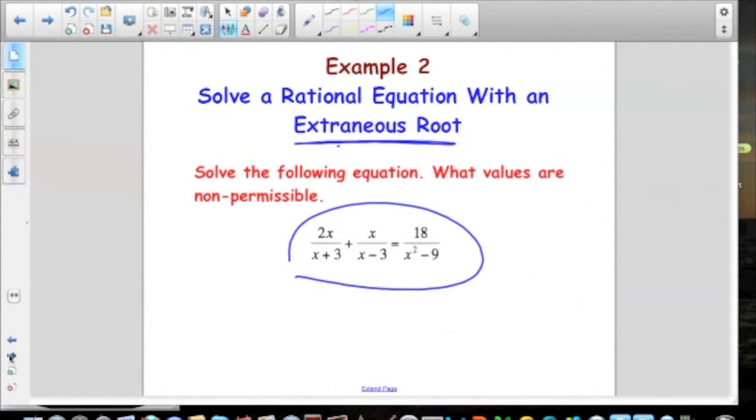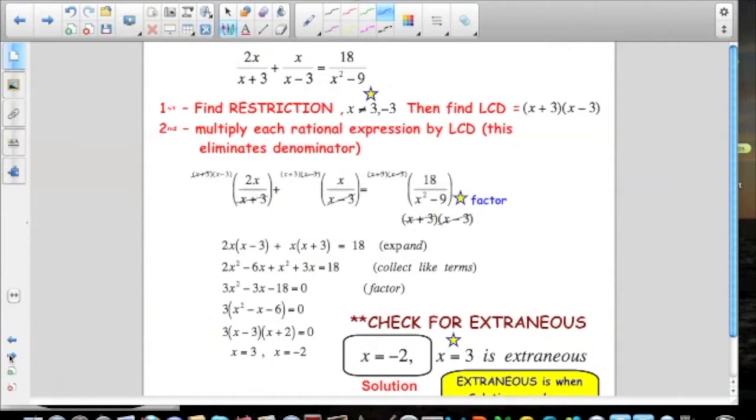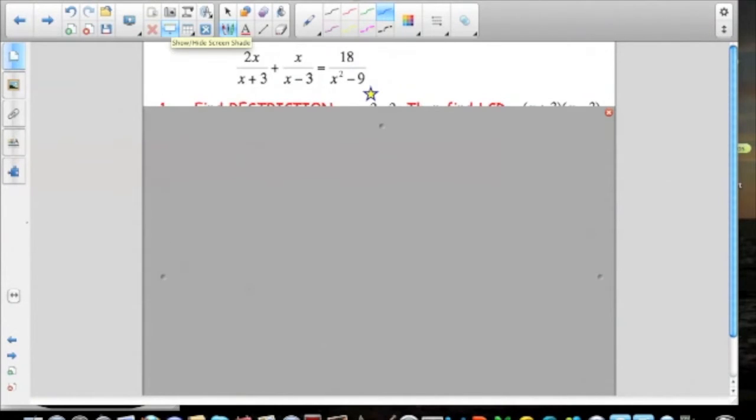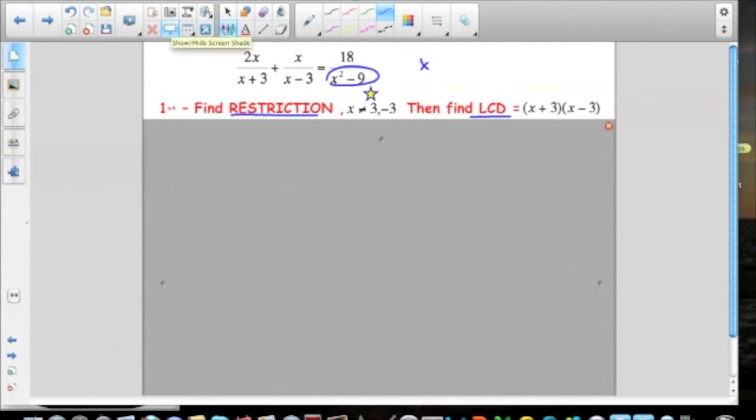Let's put a screen down so we don't get confused. The first thing you want to do when solving a rational equation is find the lowest common denominator and the restrictions, or the non-permissibles. I look at anything that can factor.